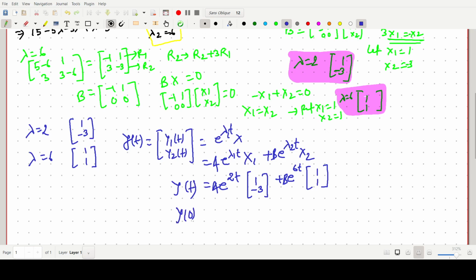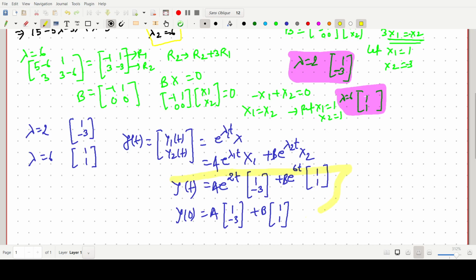Now for y(0), at t equals 0, it should be a times 1 minus 3 plus b times 1 and 1. So this is the concept to solve the linear state equation.